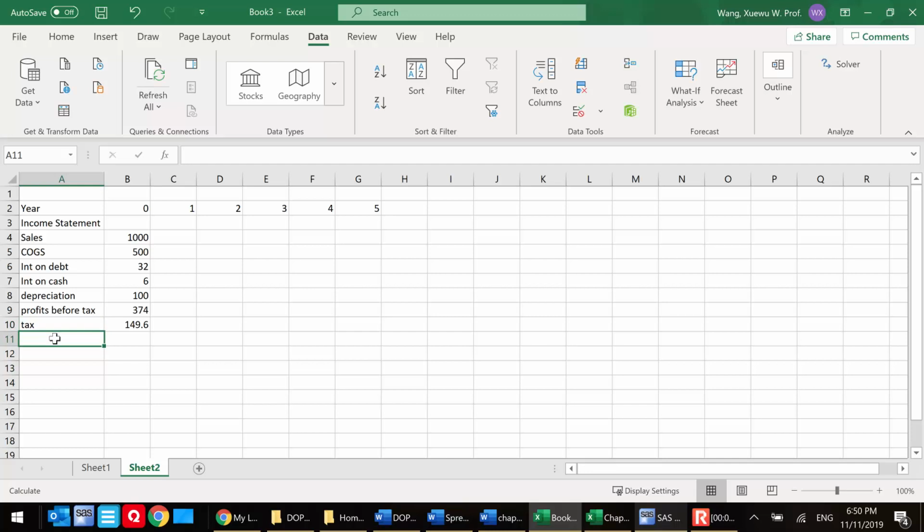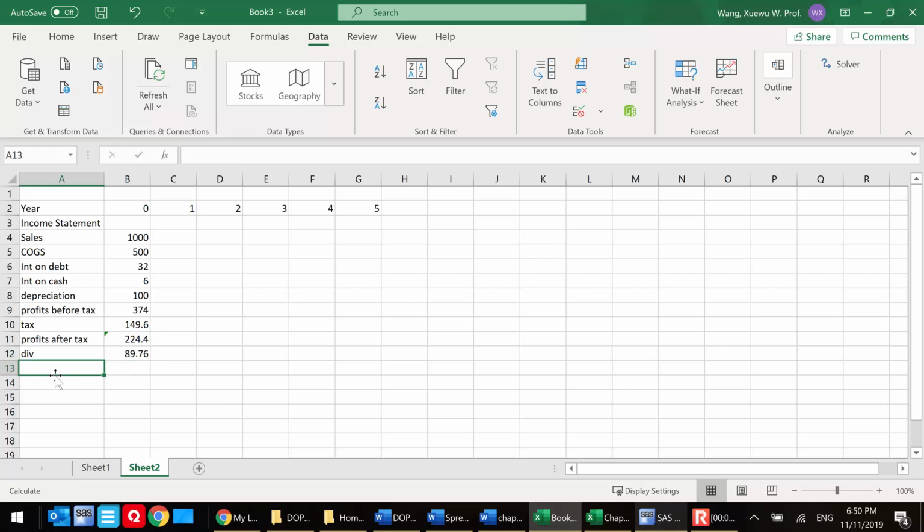And then you have the profits after tax. So that's going to be 374 profits before tax minus 150. So that's going to be profits after tax. And then you're going to pay dividends to shareholders. And so you have 224 multiplied by 40% dividend payout ratio.